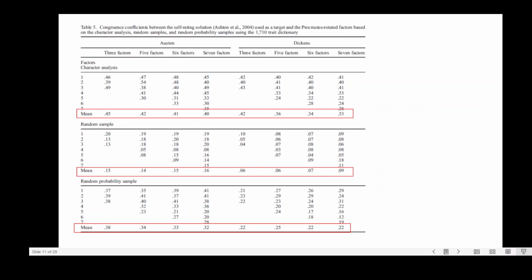And the first thing we can see, both for Austen or Dickens, across different numbers of factors being extracted, the similarity after Procrustes rotation is rather low, which suggests that modern day dictionary based factor structures do not map onto the implicit factor structures that Austen and Dickens used when describing their characters. At the same time, though, the similarities are much higher than what we would expect just based on, for example, random factor structures.